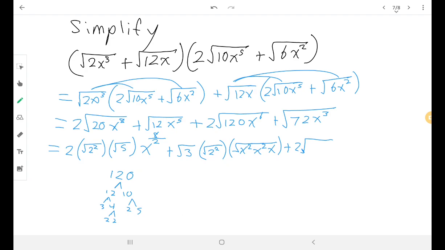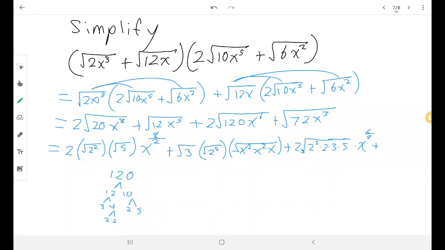We want to take out all the squareds that we can, so it's 2 squared times another 2 times 3 times 5. So it would help us to look at it that way. Times square root of x to the 6th is the same as x to the 6 over 2. That will help me out.